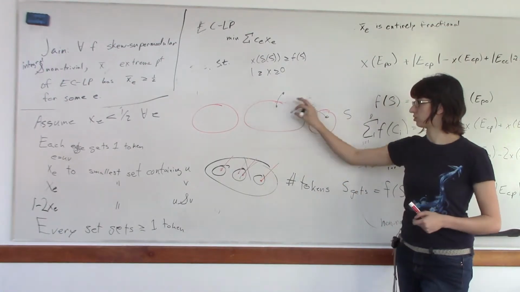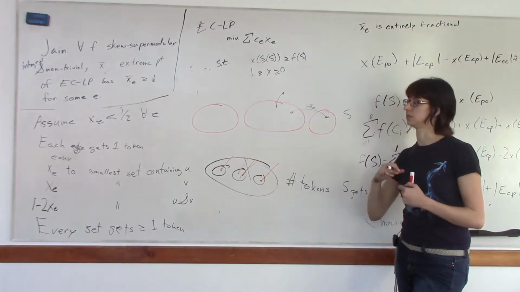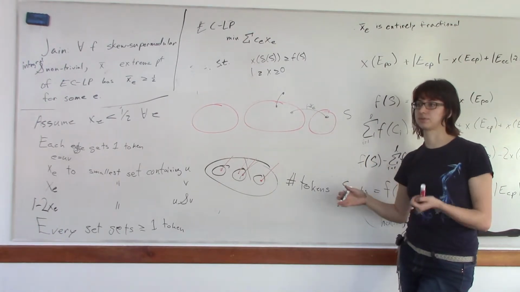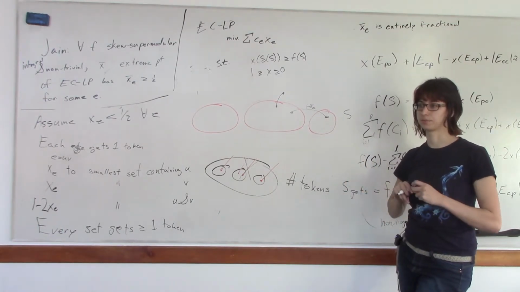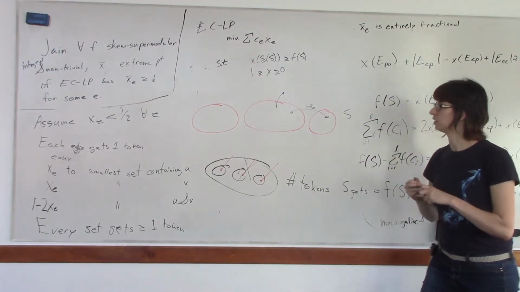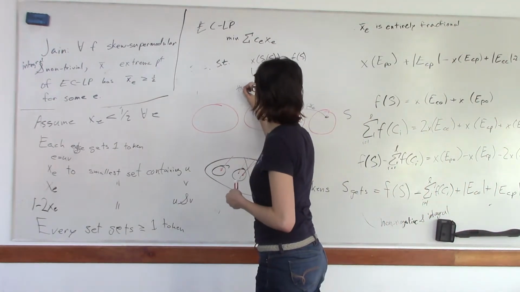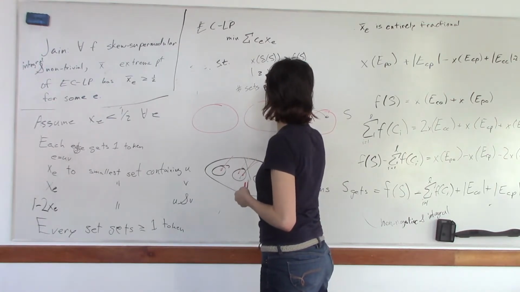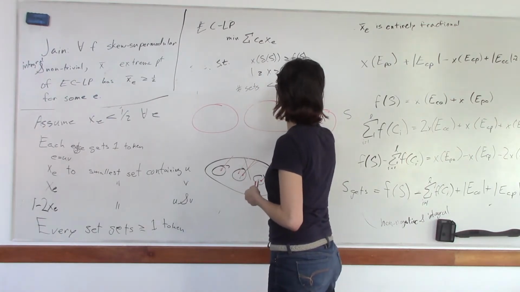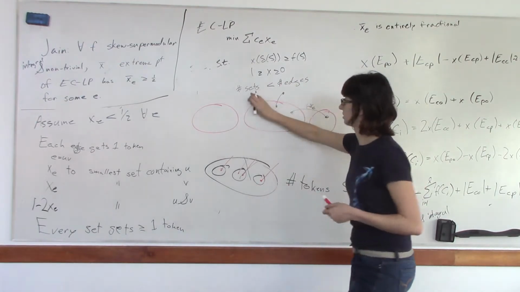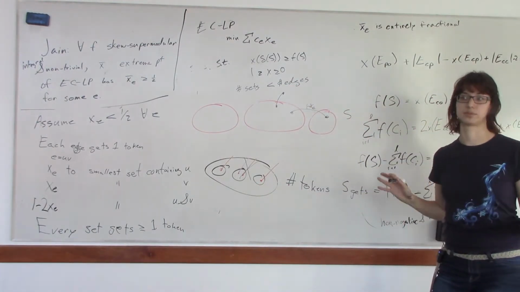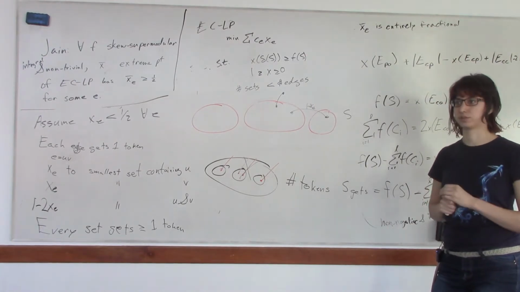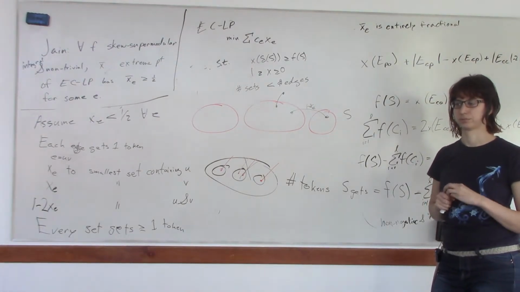And so since you have maximal sets and they need to get crossed, you're going to have some extra token floating around somewhere. And so what that tells you is the number of sets is strictly less than the number of edges, because every set got 1 token and we have some extra token. And so that's how we get our contradiction.